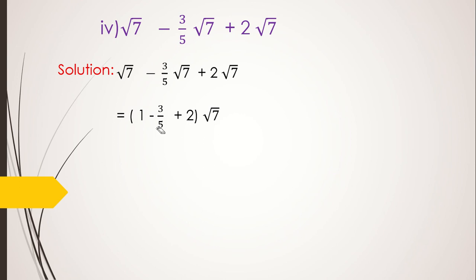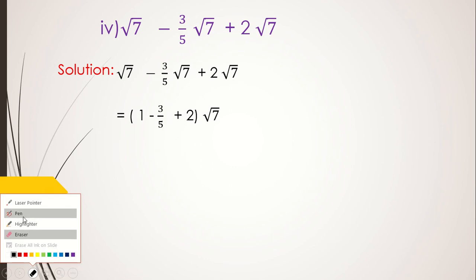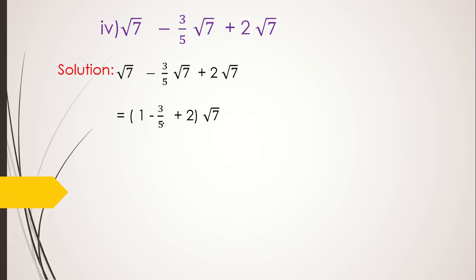Now just cross multiply, or you can add this first. 1 plus 2 is going to be 3, or you can do it this way. 5 ones are 5, 5 minus 3 is 2, so that's 2 upon 5.